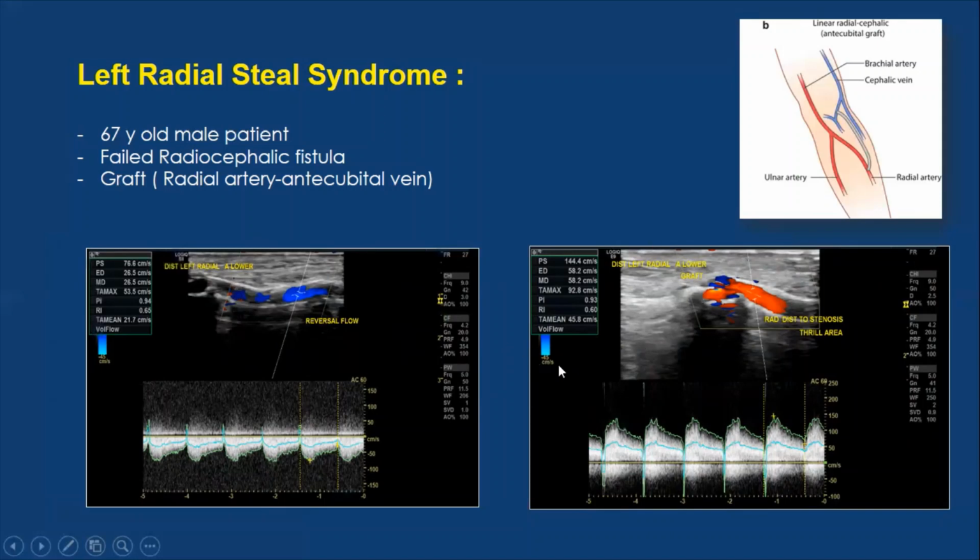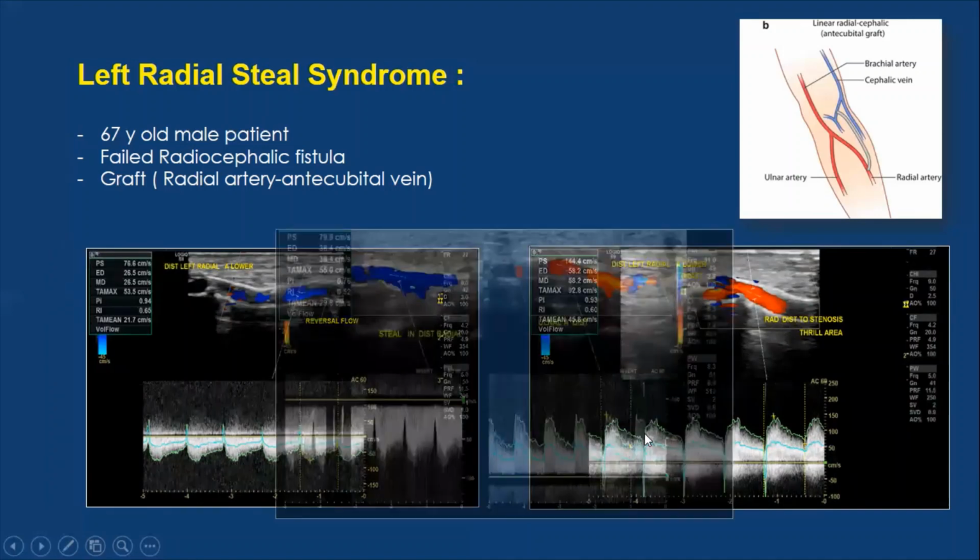There is no change in the map, as we can see here. Now the blood is coming toward the beam, so it is displayed as red. So it is not the normal direction. The normal should go away toward the hand here.